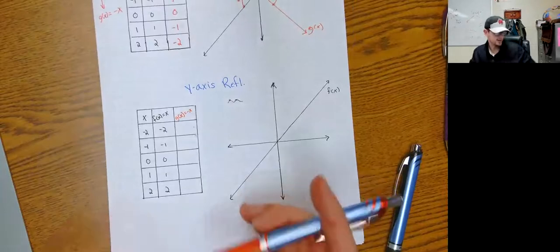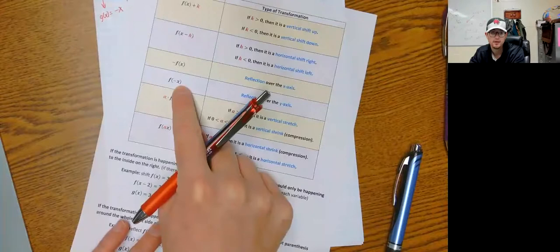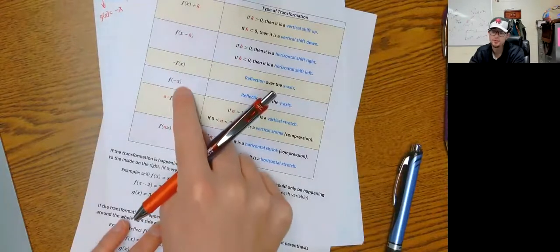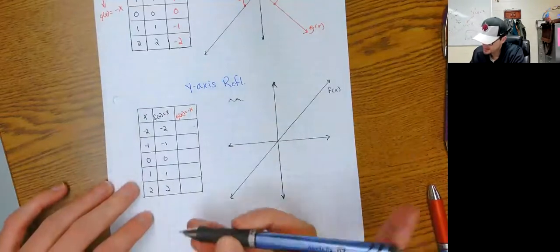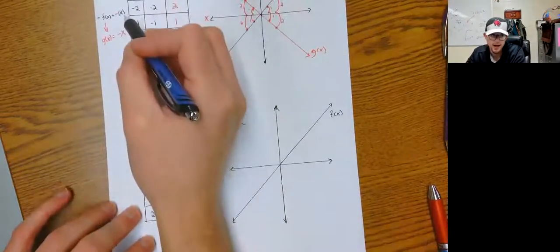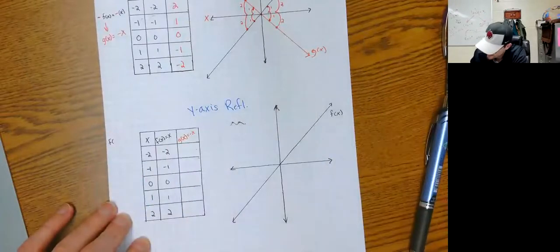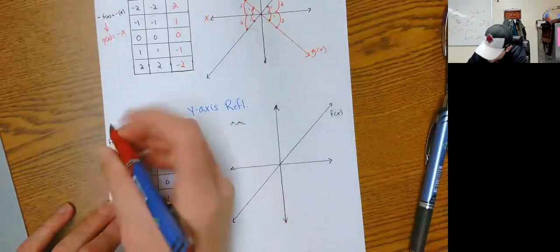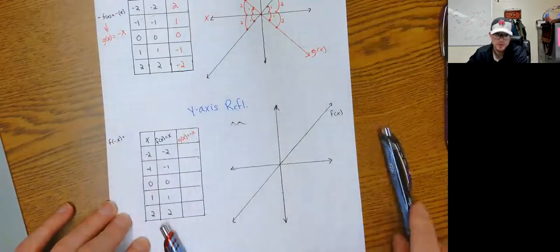So y-axis, if you come over here, that's happening on the inside, specifically to the variable, to the input. So when I make my parentheses like I did last time, the difference here is the negative is being multiplied on the inside to the variable.